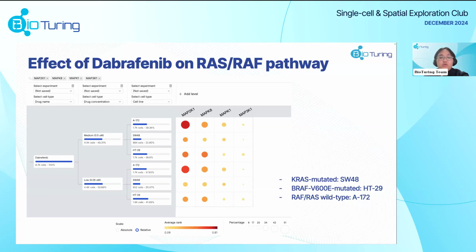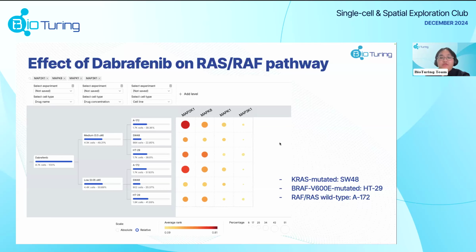Now we will move on to the next part where we want to take a more quantitative approach to analyzing the effect of dabrafenib. Why? Because in here you can see the changes in gene expression. Yes, we can see, but we don't have any statistics involved. We don't know whether the changes are really statistically significant or not.